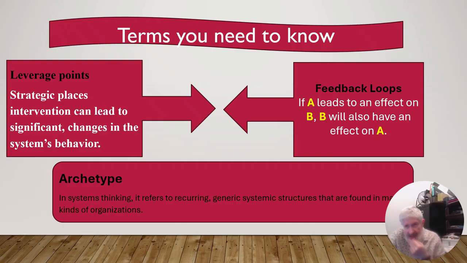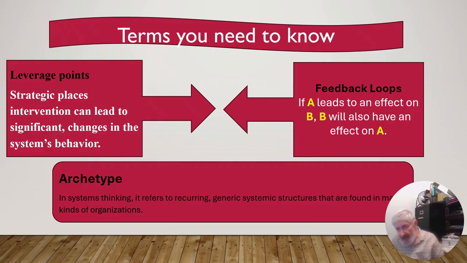And the first one is feedback loops. Feedback is one of the major concepts in systems thinking. So instead of saying that A only affects B, we recognize that if A leads to an effect on B, B will also have an effect on A. That's a feedback loop, talking to each other.